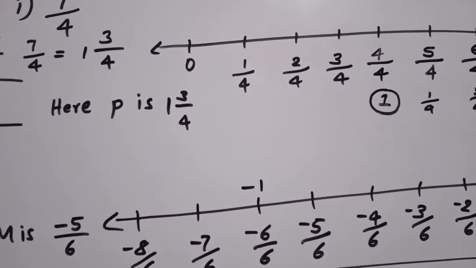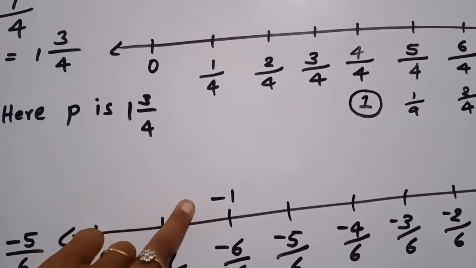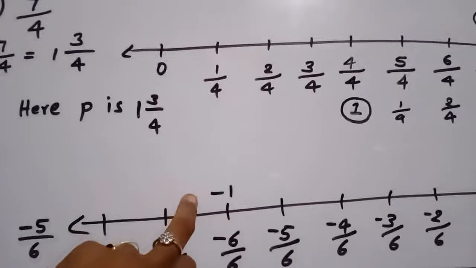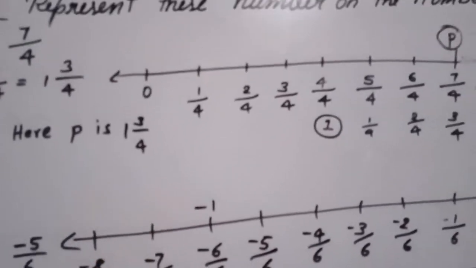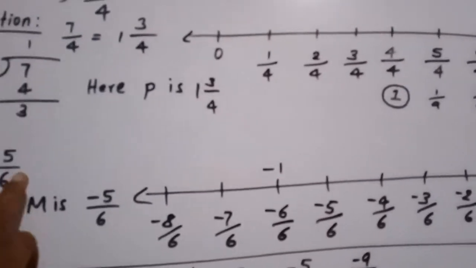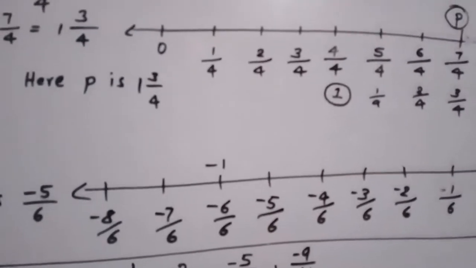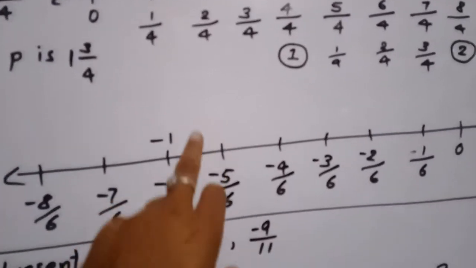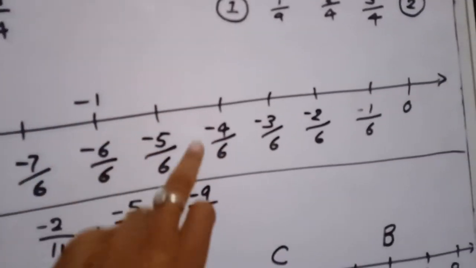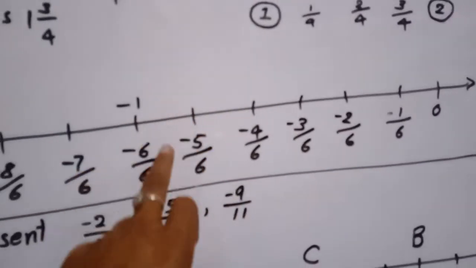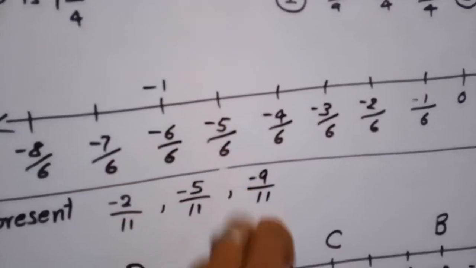You can observe that after minus 6 by 6 you are going to get the complete one, so we have to write minus 1. Now they have asked minus 5 by 6, that we can see here. So you can write M here. This is our value, minus 5 by 6, we can represent on the number line.